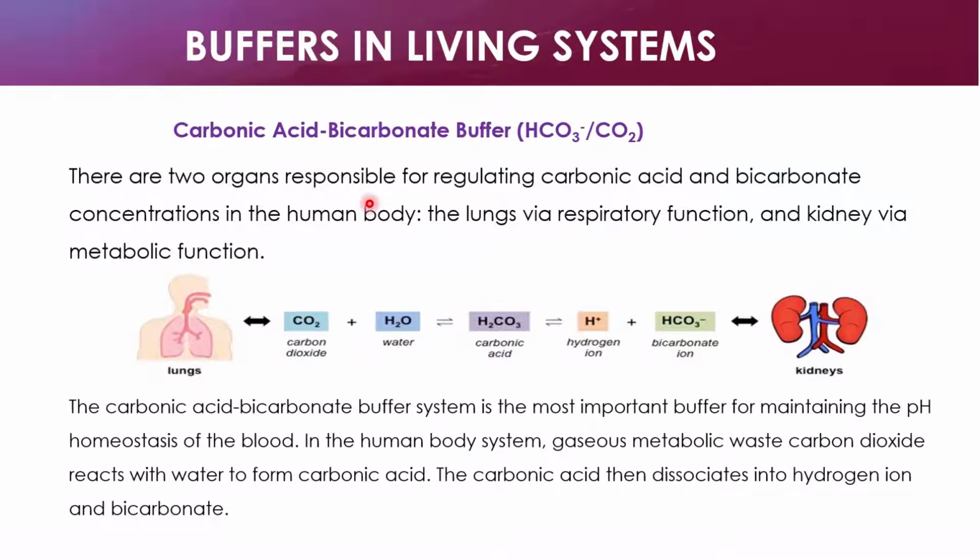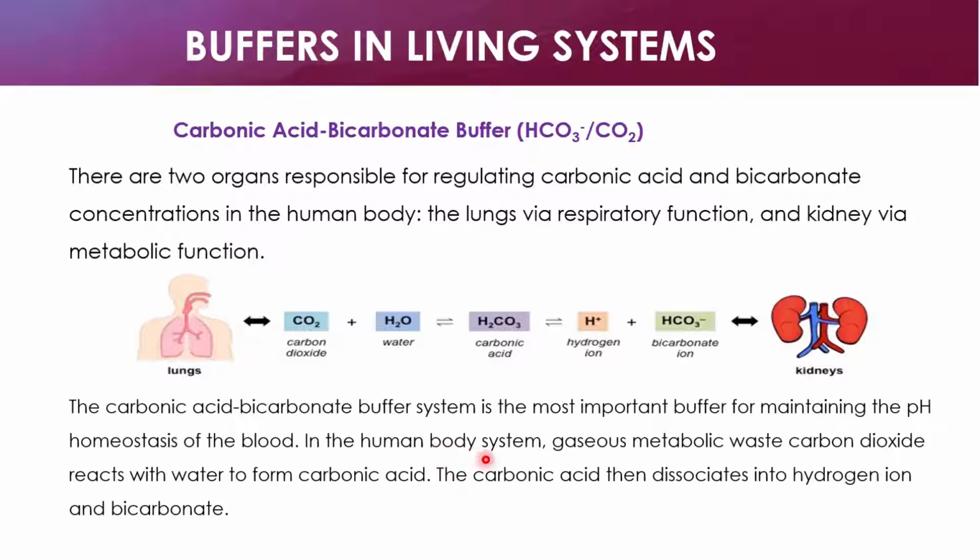There are two organs responsible for regulating carbonic acid and bicarbonate concentration in the body. And these are the lungs, through respiratory functions, and the kidneys, through metabolic function. The carbonic acid bicarbonate buffer system is the most important buffer for maintaining the pH homeostasis of the blood.